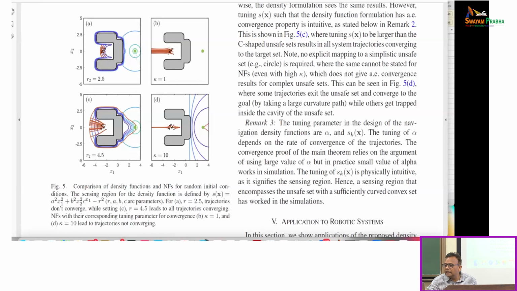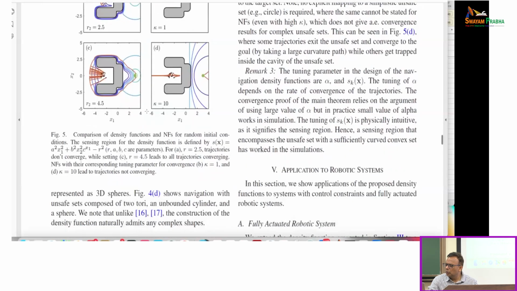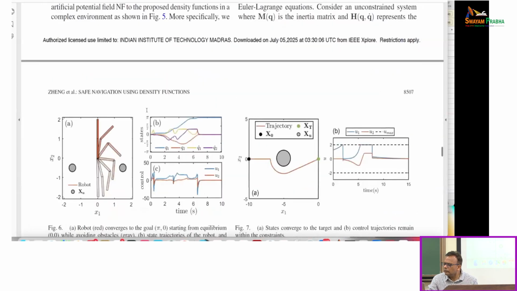So in this case also you have a scenario where they're not able to converge to the target in figure A, but by properly tuning the radius of the sensing, they are able to get to the target. But in both cases, the trajectory never flies off to infinity. The trajectory never goes very far before getting back. So it kind of moves around the obstacle set. So yes, things like that.